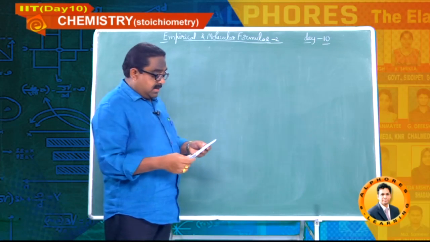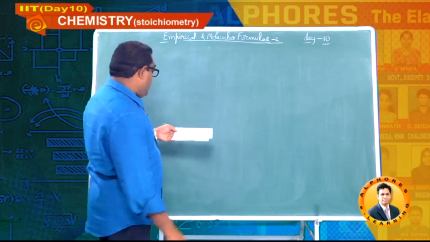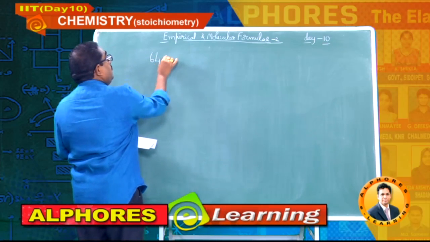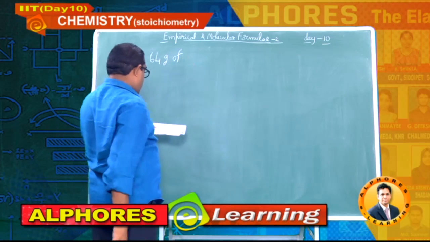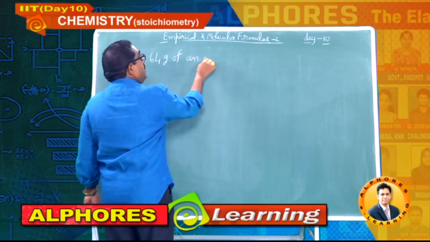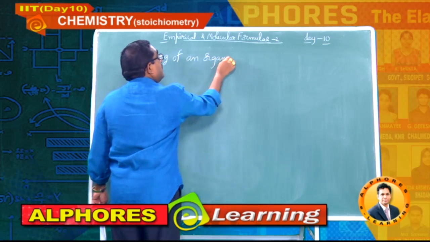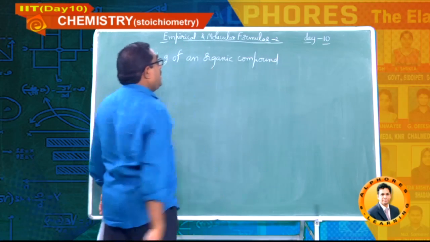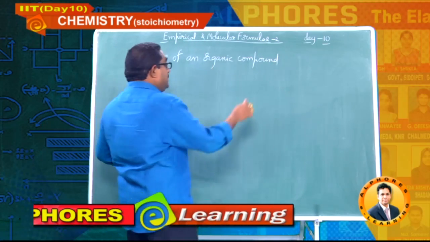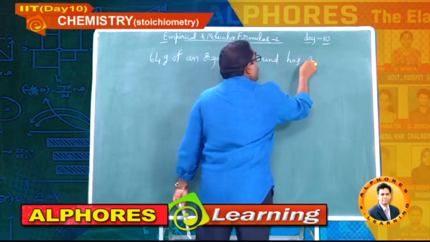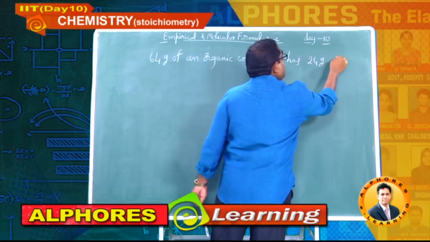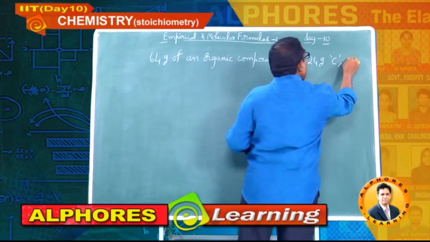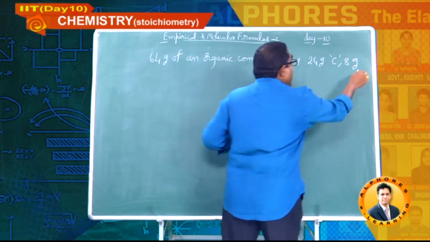Okay students, let me start the next question. Write down: 64 grams of an organic compound has 24 grams carbon, 8 grams hydrogen, and the rest is oxygen.